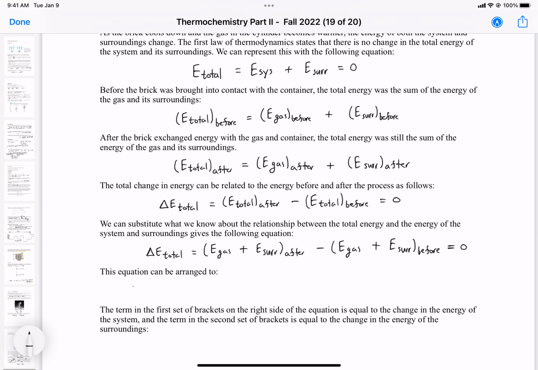So we could say total energy equals the energy of the gas after our transformation minus the energy of the gas before, plus the energy of the surroundings after minus the energy of the surroundings before. And we can say this all equals 0.